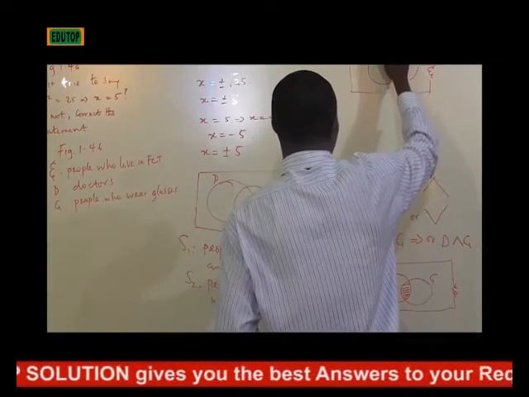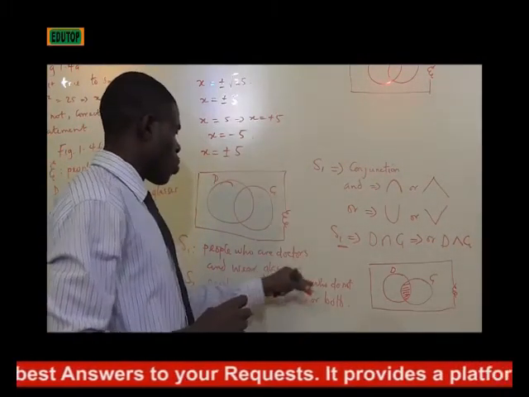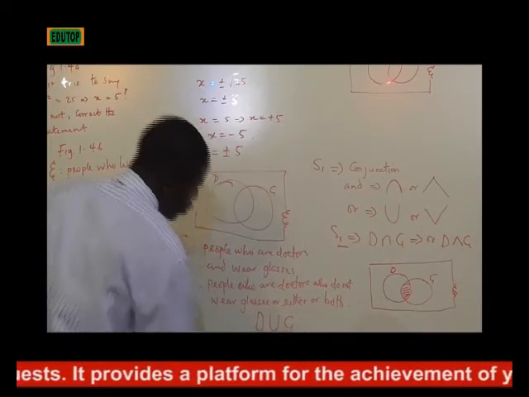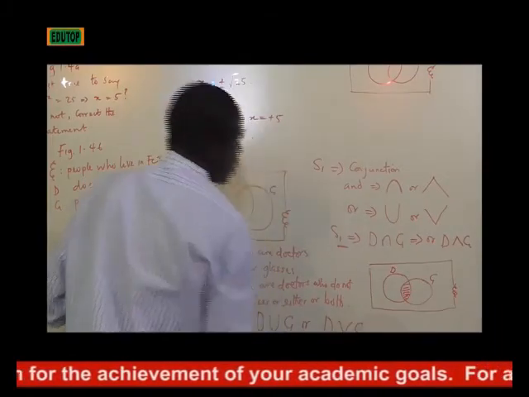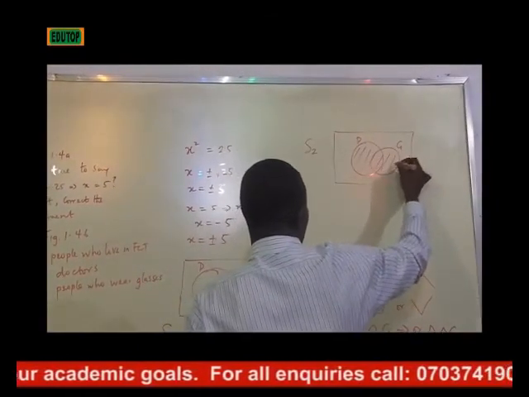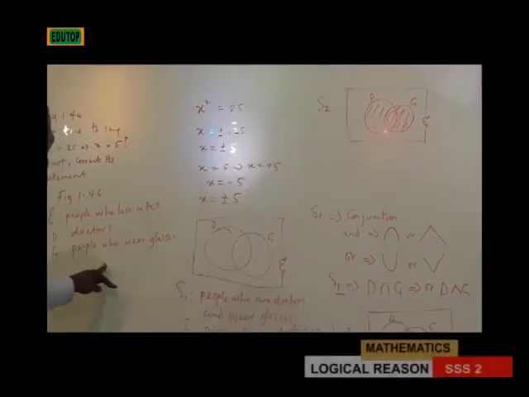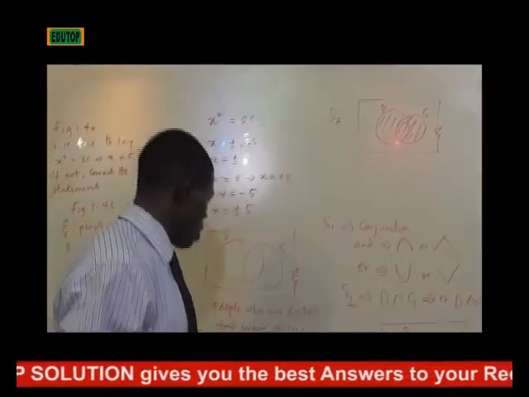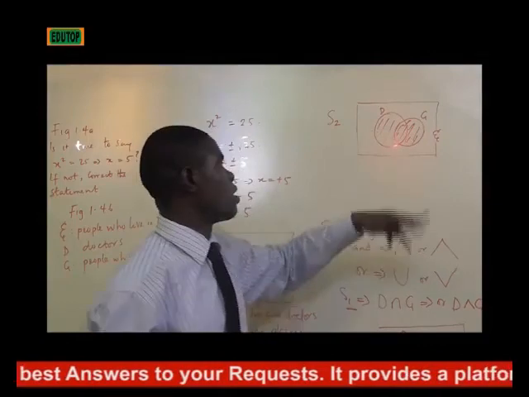This is your D and this is your G. And since you have people who are doctors or who do not wear glasses, automatically you have D union G. And if you want to represent this on a Venn diagram, this side will definitely be shaded. So that is the answer to the two cases, demonstrating conjunction where you have it linked and disjunction where you have it separated.